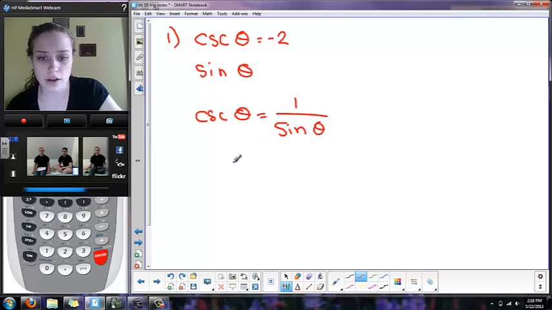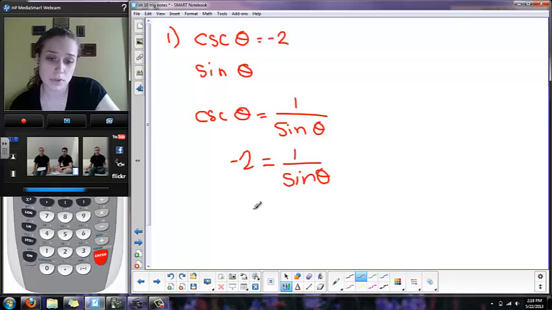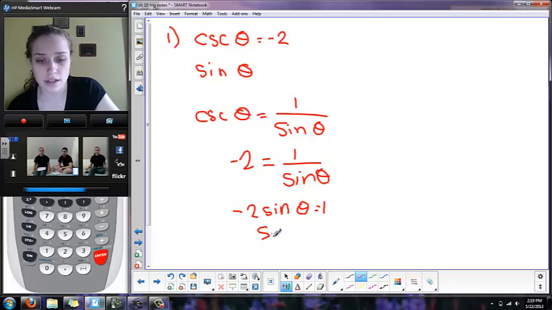So if I know that cosecant is equal to -2, then what is sine theta equal to? Well, in order to figure that out, you could just cross multiply. So -2 sine theta is equal to 1. And get that sine theta all by itself by dividing by -2. So sine theta is equal to -1/2. Okay? That was number 1 on the practice test.